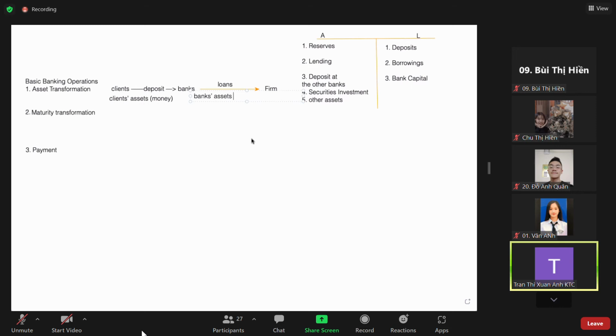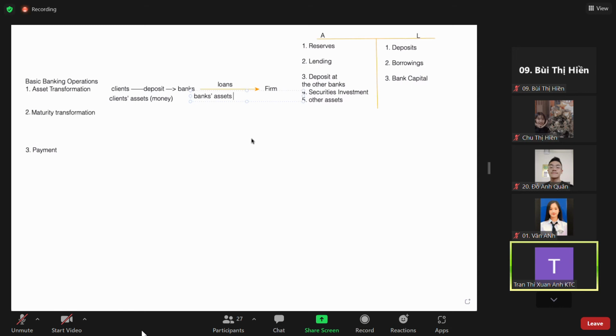So we just rely on two different parties in one transaction to define which one is the debt owner and which one is the asset owner. For the relationship between the clients and the bank in terms of deposit, the deposit will be the client's assets, but that will be the debt or the liability of the bank.